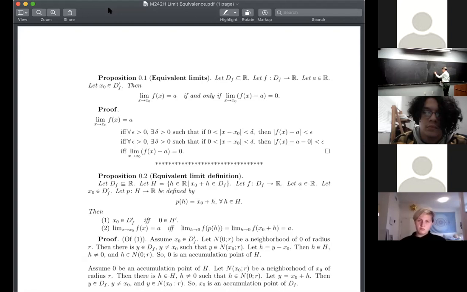The x naught is fixed here. If you look at x minus x naught, x is x naught plus h. So if I get rid of x and write x naught plus h there, that shouldn't change anything if the h is going to 0.